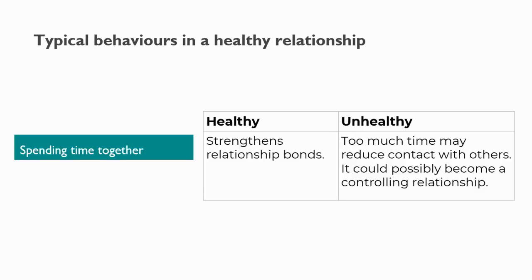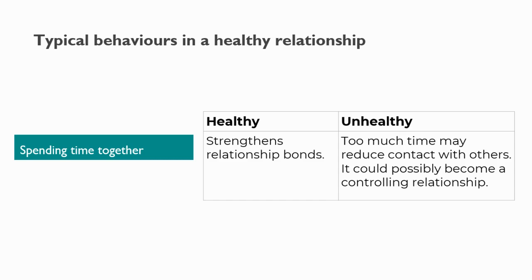So what I want you to do on this table is think about how some of these behaviours might become healthy or unhealthy. So let's have a look at the first one, spending some time together. Well, the reason that's healthy is because it strengthens relationship bonds. We enjoy spending time in each other's company. However, that could become unhealthy because too much time may reduce contact with others.